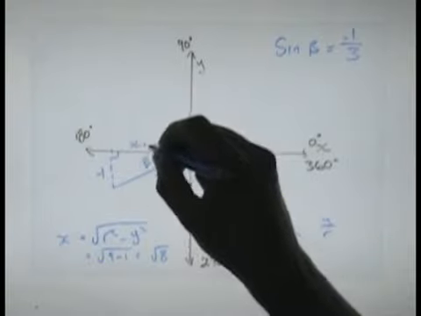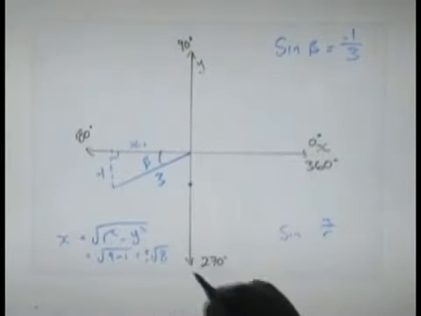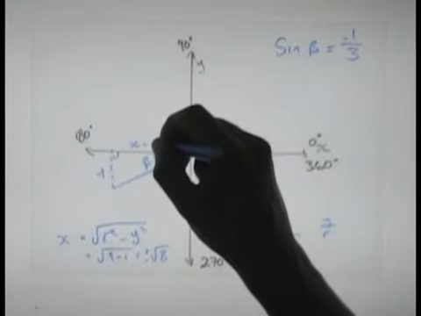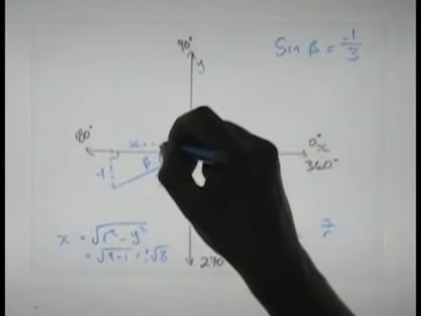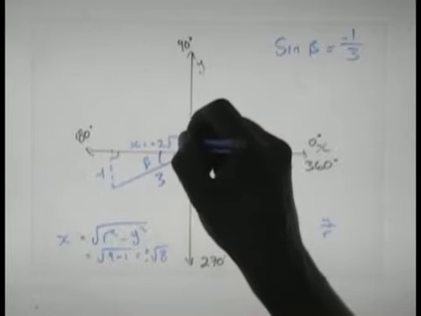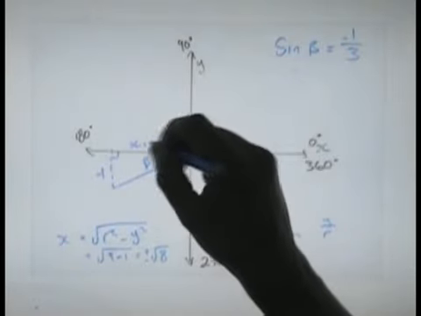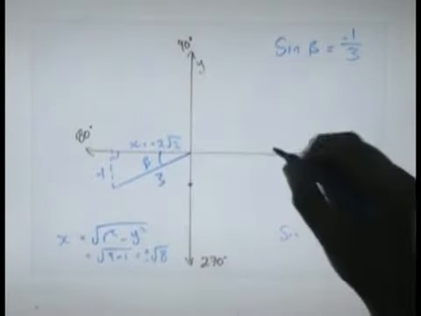That means that the x value could be positive or negative. If it's negative root 8, that means that x is equal to negative root 8, which is the same as 2 root 2, by the way. But x could also be positive.